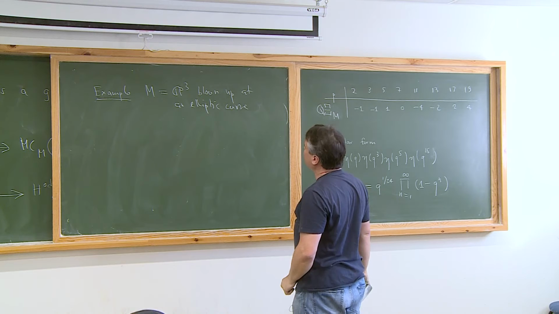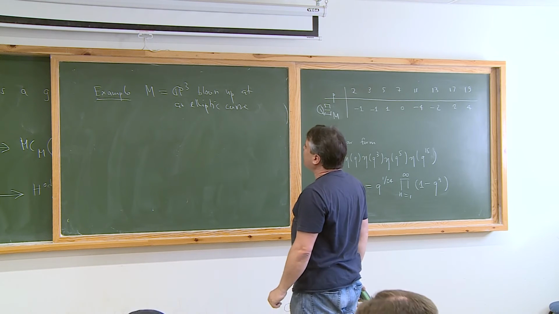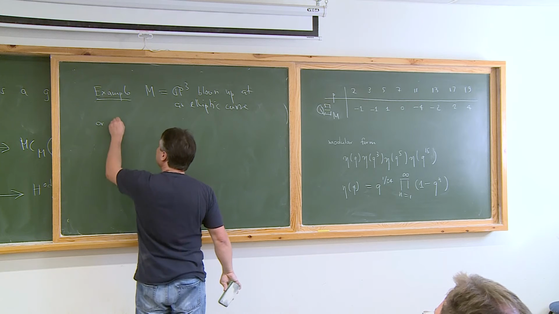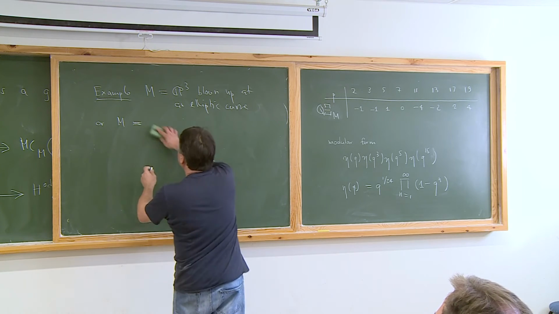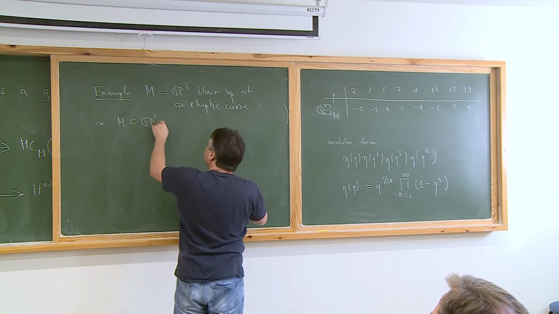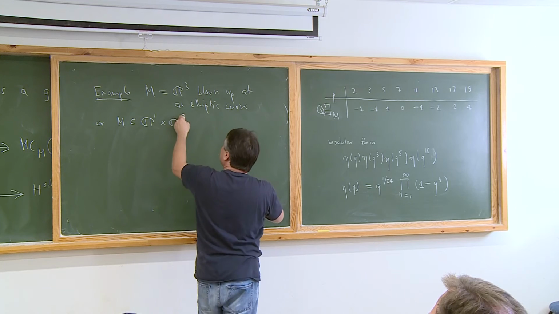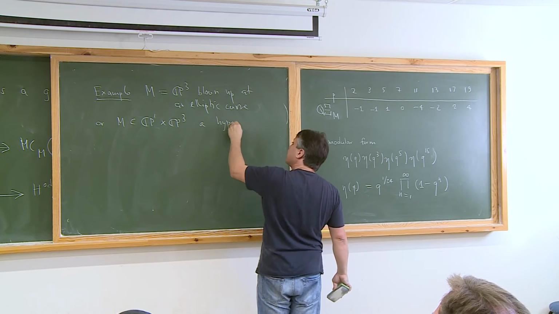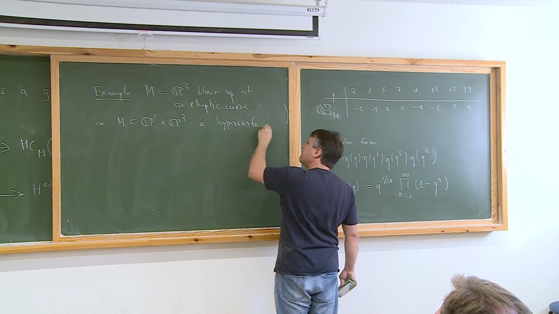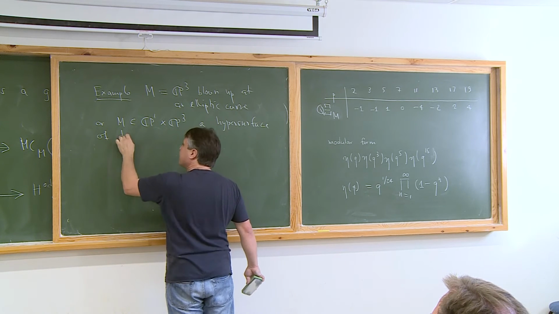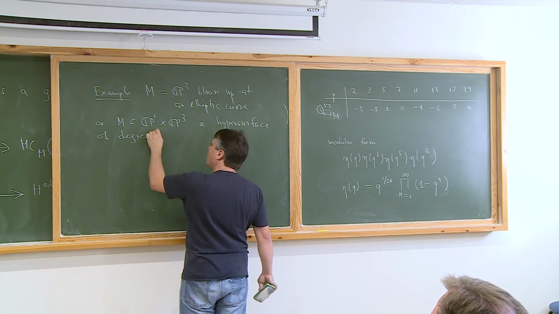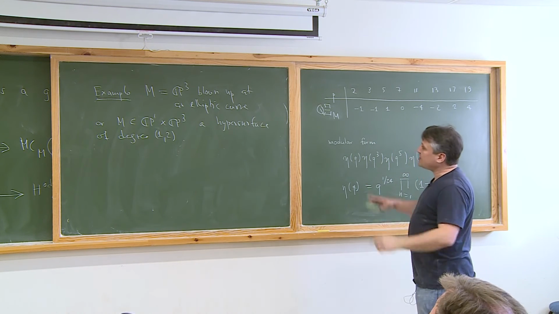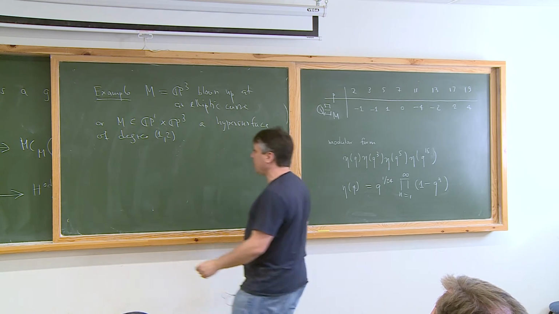The elliptic curve lies inside CP3 as an intersection of two quadrics, so M sits inside CP1 cross CP3 as a hypersurface of degree (1, 2), which is the same thing. So, CP3 blown up along an elliptic curve.